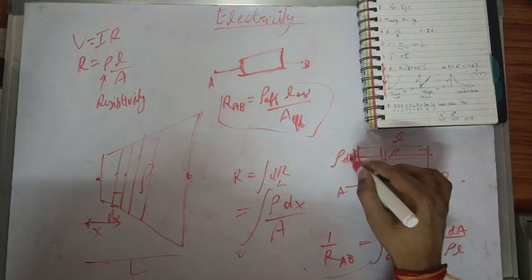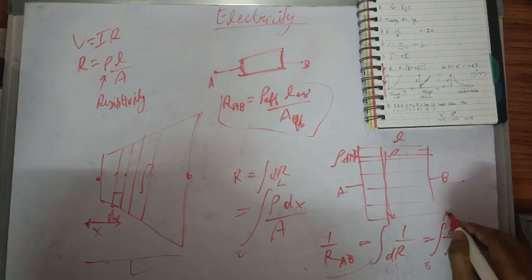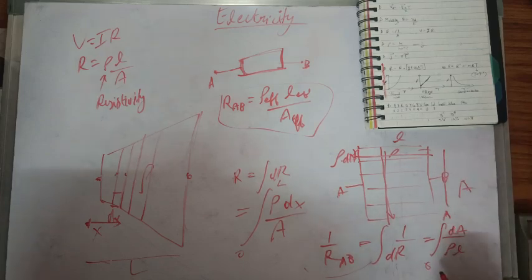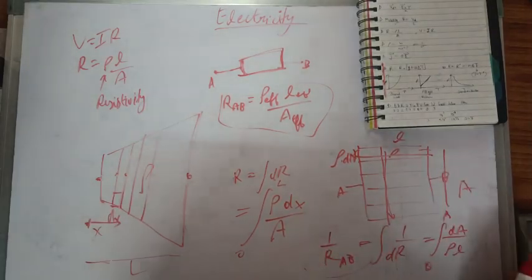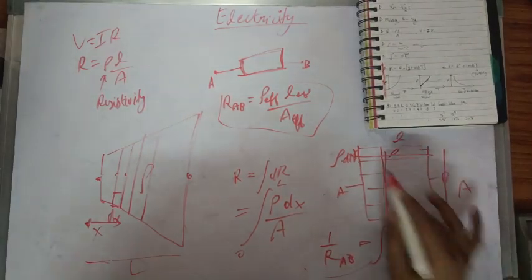This is dA area. Taking the integral from 0 to A, let's say the total area is A, I can calculate the effective value of resistance between A and B, where L is constant for all.